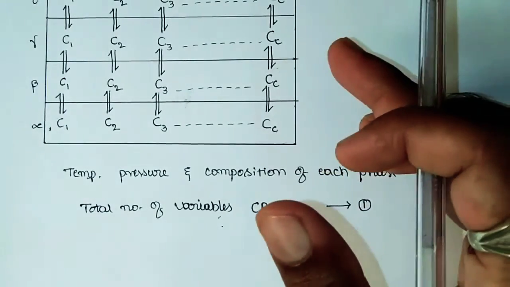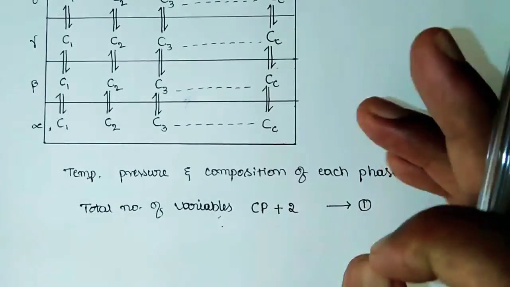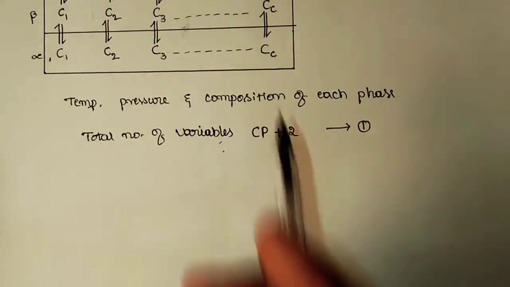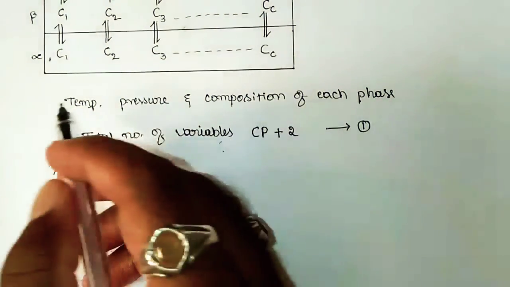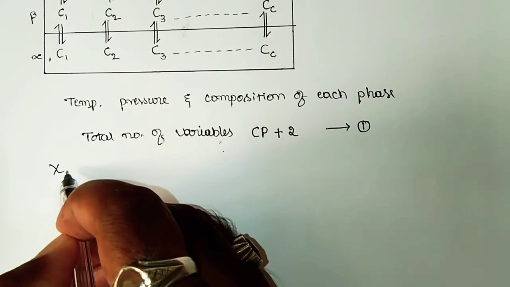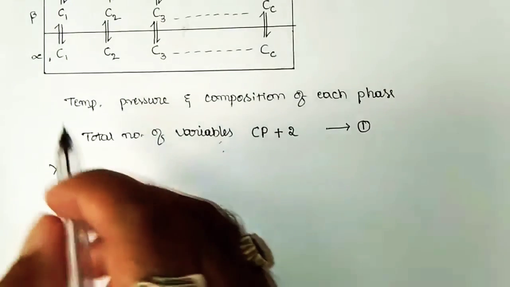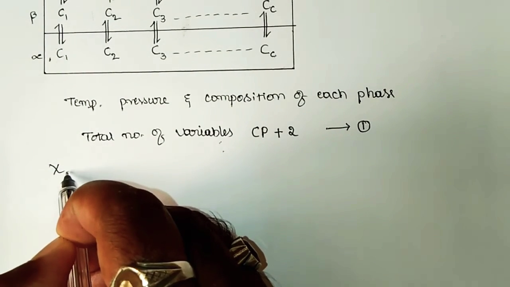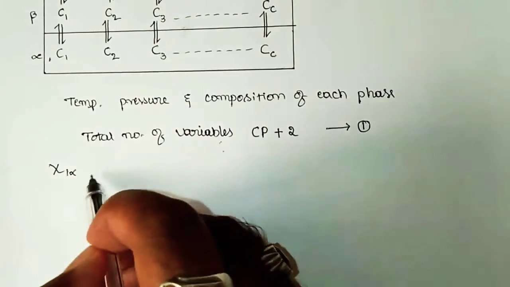So we need to express the composition or concentration of the phase in terms of mole fraction, that is chi. The composition of the alpha phase with respect to component 1 will be taken as x1 alpha.